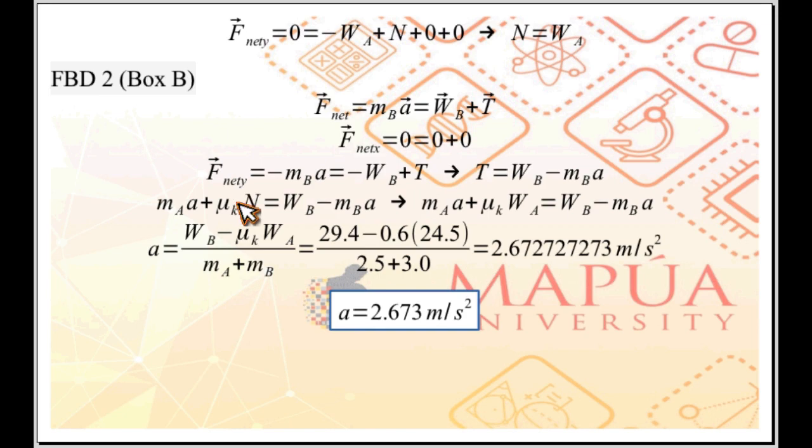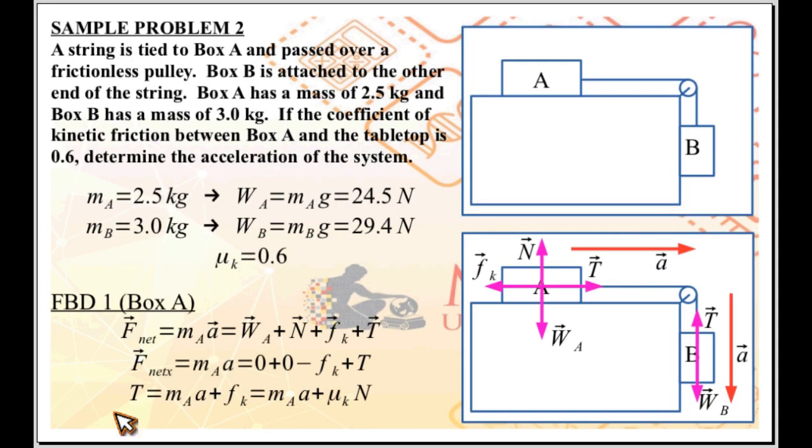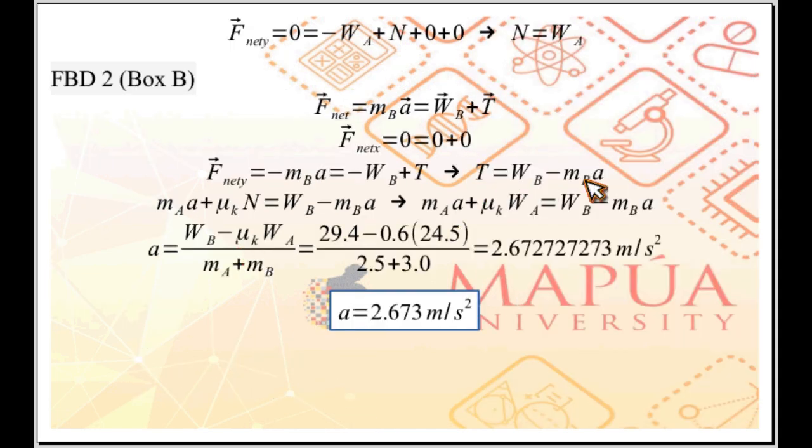We have two equations for tension. The equation that we got from free body diagram 1 and the equation that we got from free body diagram 2. Equating the two equations, we have M_A A plus mu K N is equal to weight B minus M_B A. M_A A plus mu K weight A, since normal force is just equal to weight A, is equal to weight B minus M_B A. The only unknown is A, the acceleration.